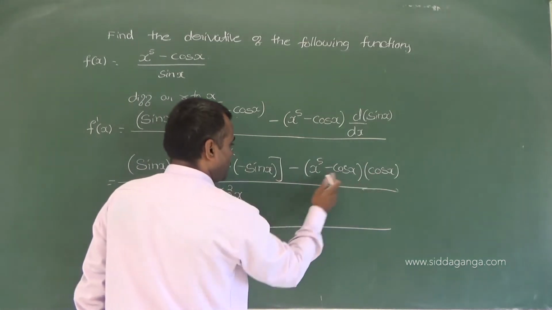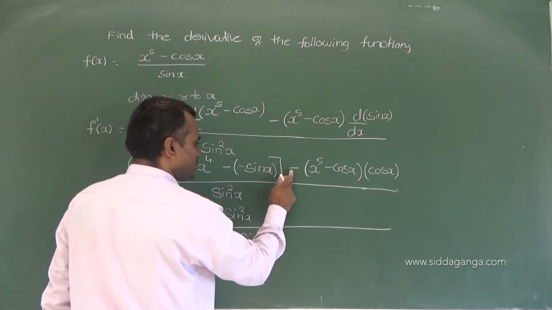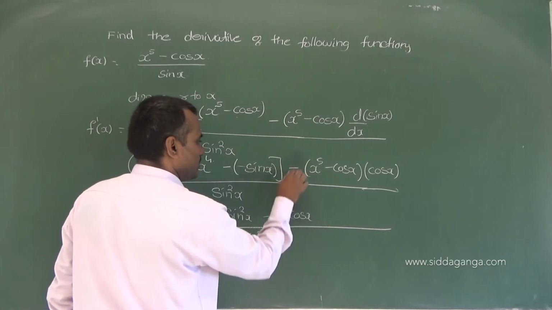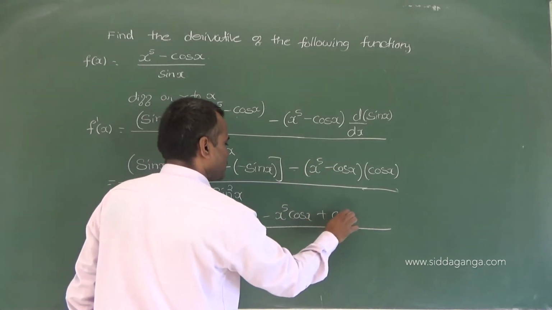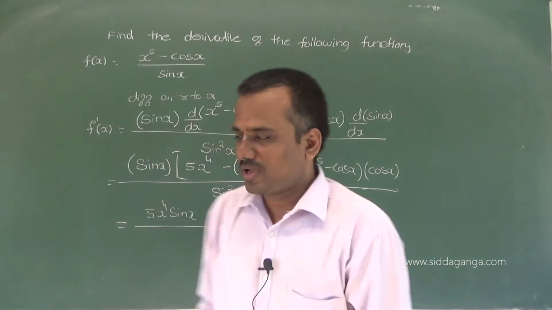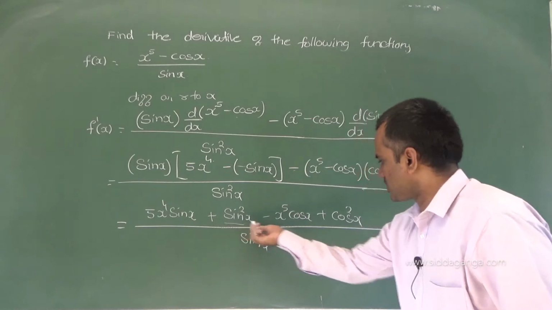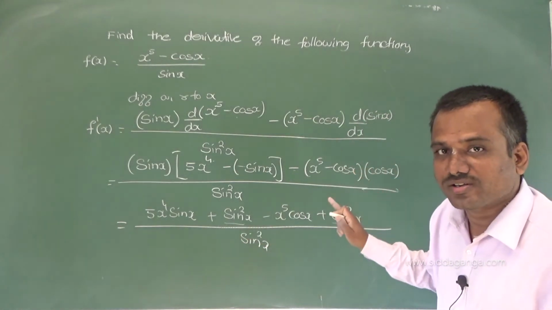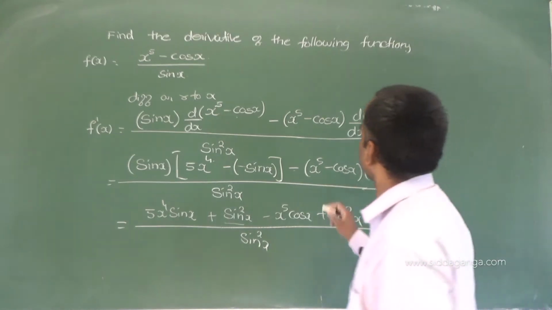Again, cos x we multiply for these two terms: minus x to the power 5 cos x, minus into minus plus, cos x into cos x, cos square x. Why do I multiply? Observe here, sin square x plus cos square x is what? It is 1.